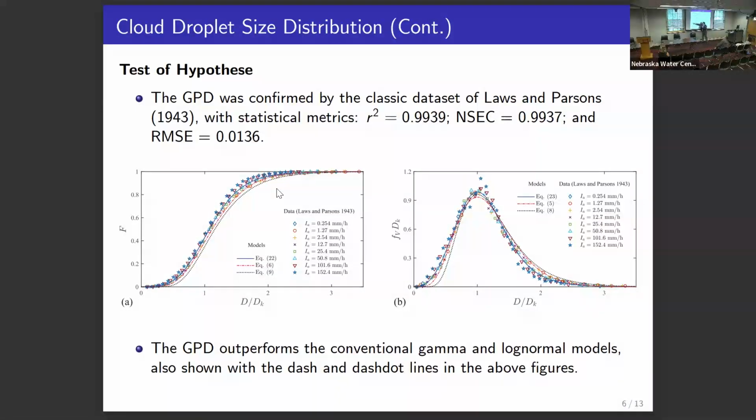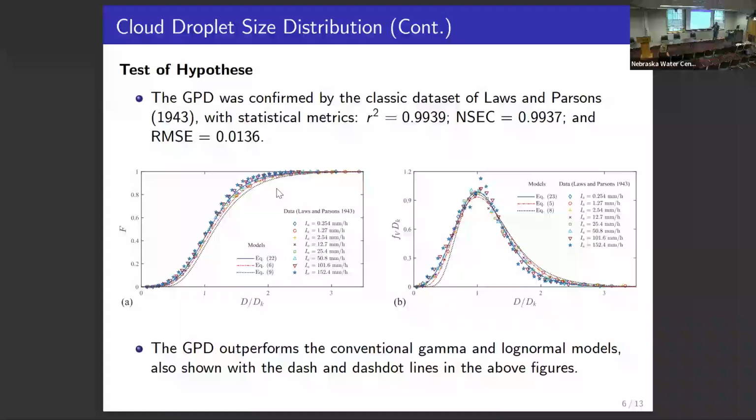If this is a cumulative particle size distribution, what is it in terms of probability? My model can produce that, based on fractal theory, and predicts this classical data very well. This data includes some rainfall intensities that are very small, like drizzle, and some that are very large.